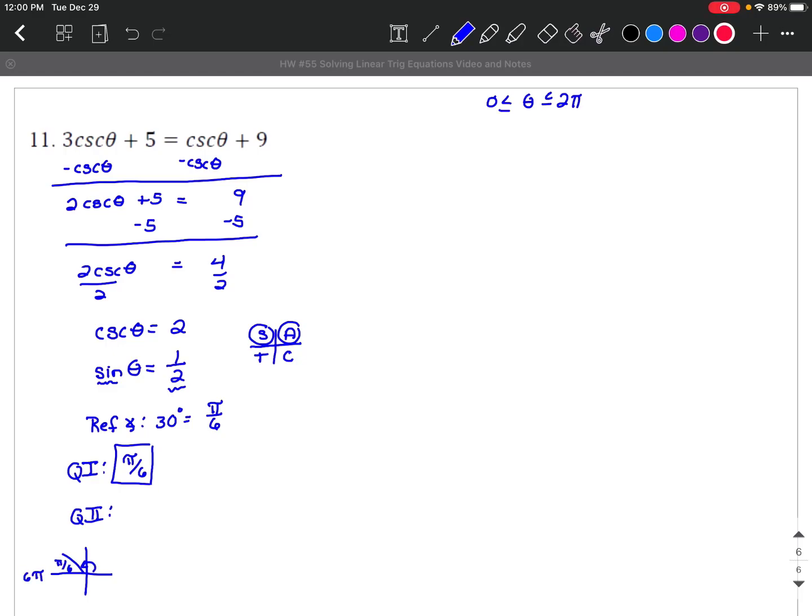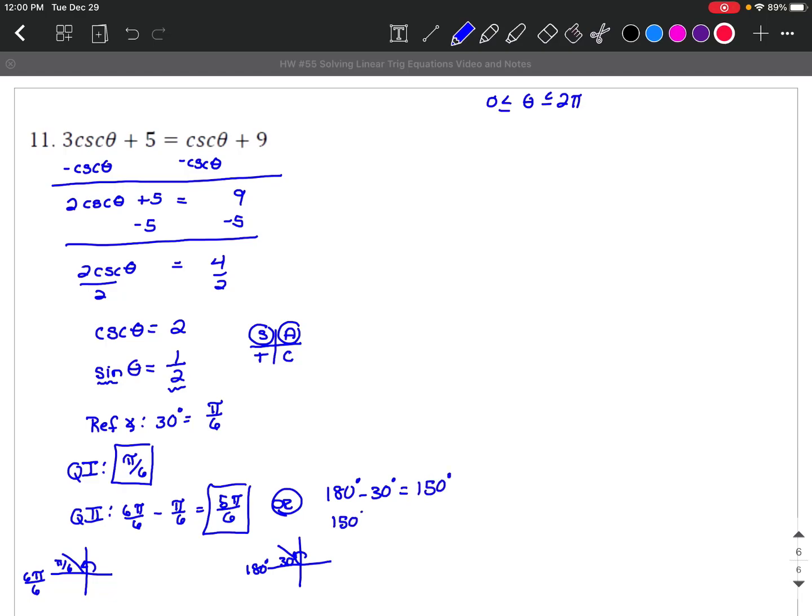And with the same denominator, that would be 6 pi over 6. So 6 pi over 6 minus 1 pi over 6 is 5 pi over 6. If you're working in degrees, you're saying, okay, I'm 30 degrees before 180 degrees. So it's 180 degrees minus 30 degrees is 150 degrees.